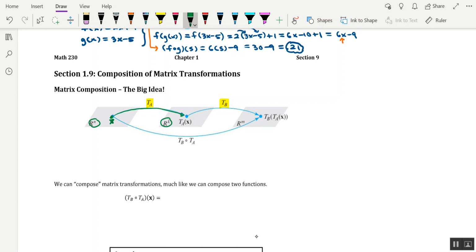Notationally, we could write that as capital T sub A maps all vectors x from Rn to Rk, or k space.